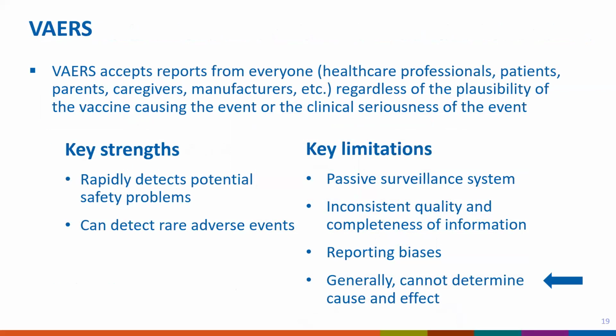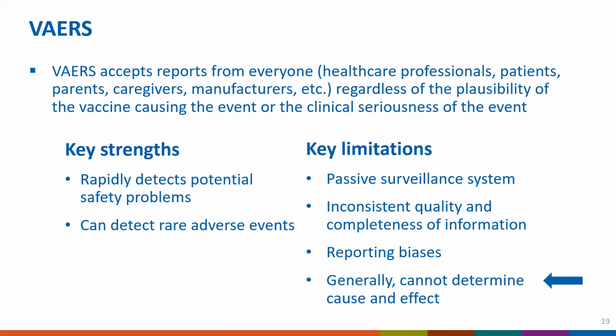Anyone can submit a report to VAERS, including providers, patients, caregivers, manufacturers, anybody. Some key strengths: it can be used to rapidly detect potential vaccine safety problems, and it can be used to detect rare events, but it has some very significant limitations.